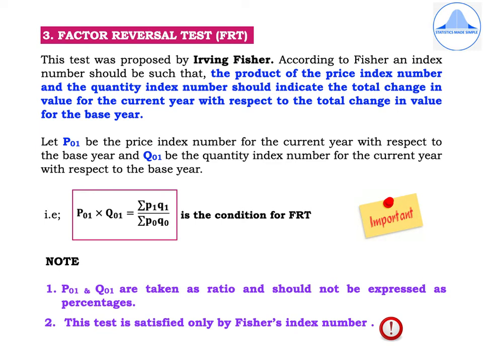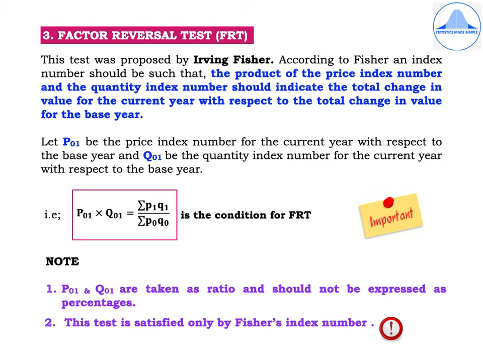So if you understand the statement, then it is very easy to obtain the expression for FRT. Let P01 be the price index number for the current year with respect to the base year, and let Q01 be the quantity index number for the current year with respect to the base year. So according to this statement, we have to find the product of the price index number and the quantity index number.